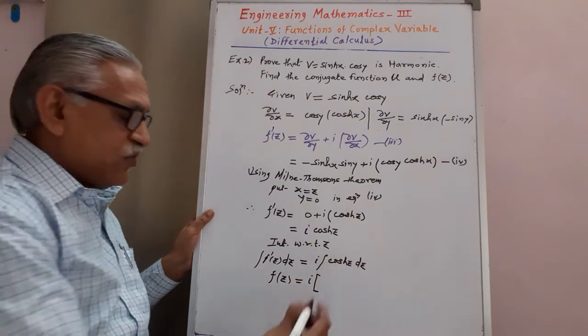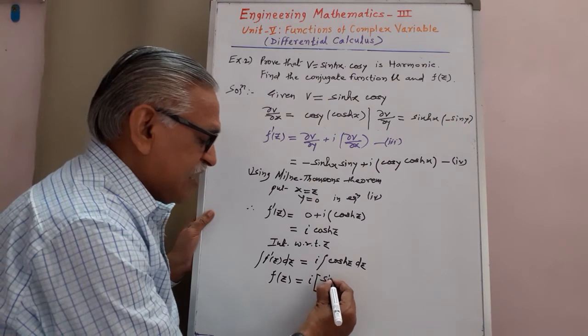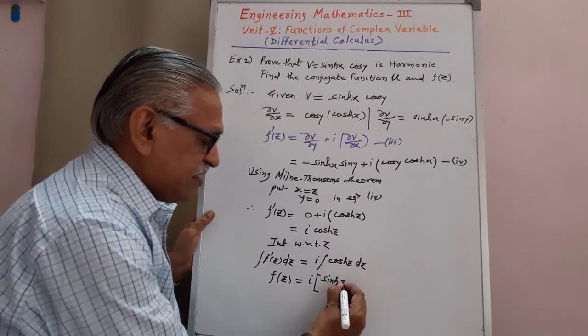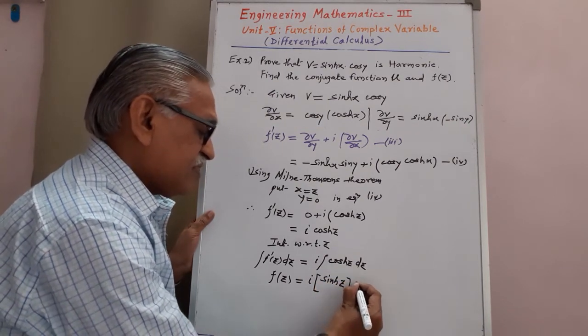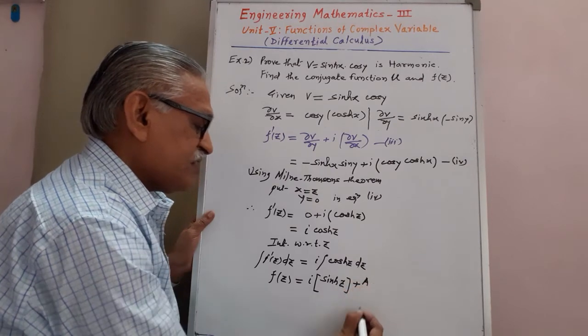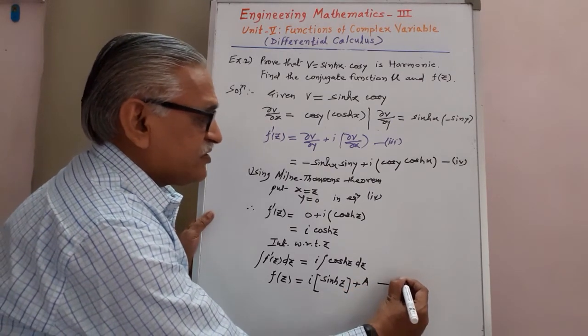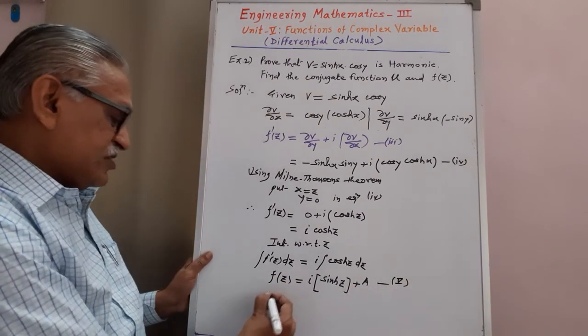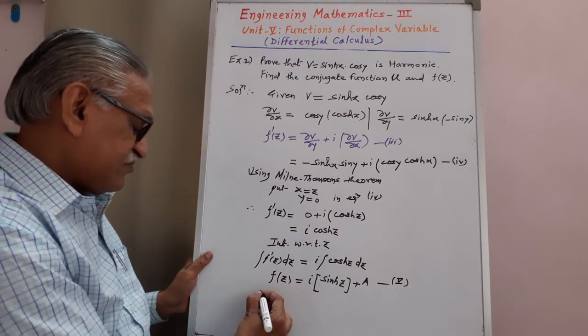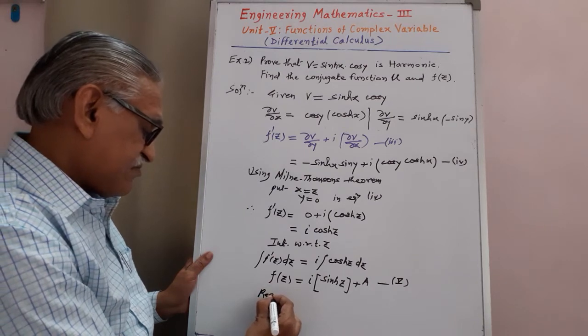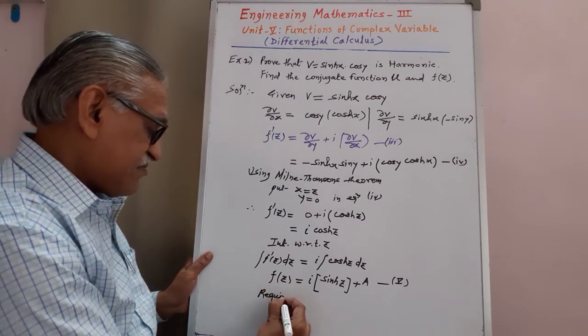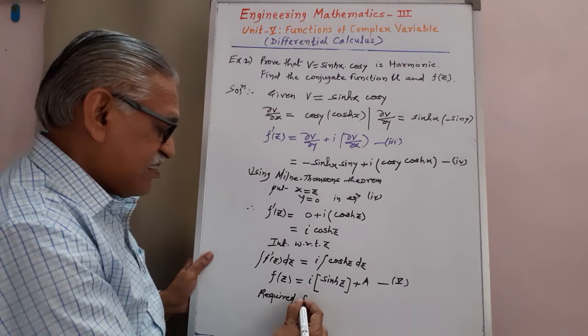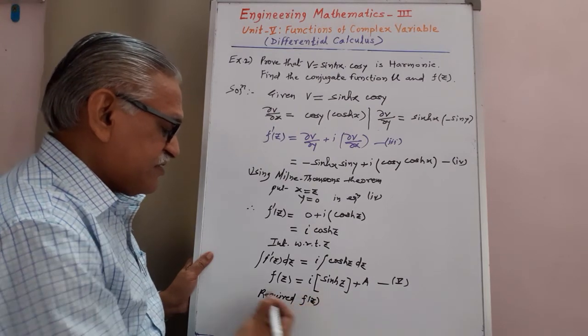Integration of cos hyperbolic is sin hyperbolic z, plus constant of integration a. We call this equation number 5, and this is the required analytic function f of z.